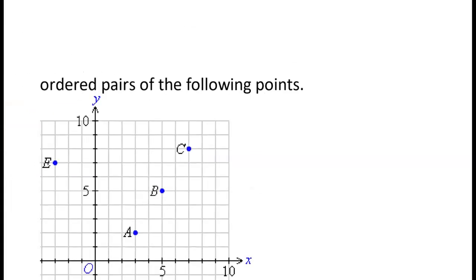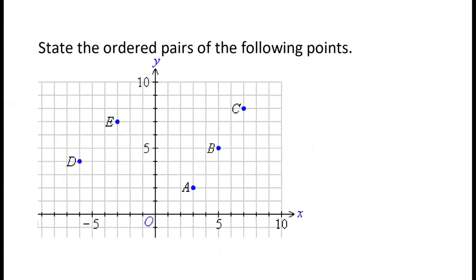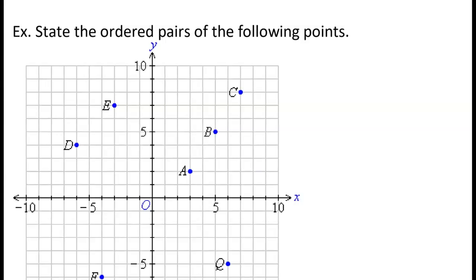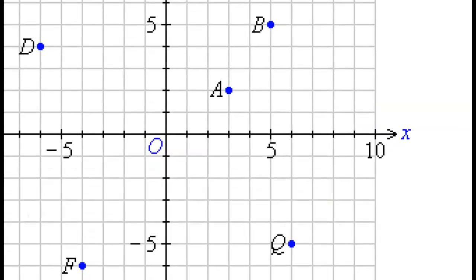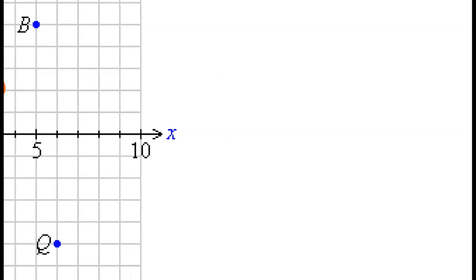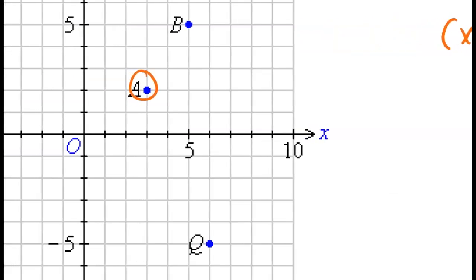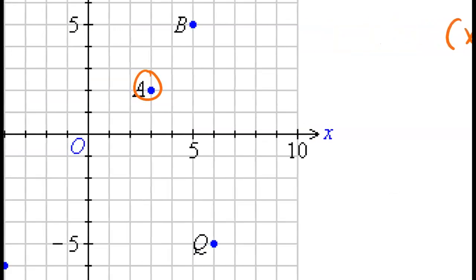So moving over to the next page here, it says state the ordered pairs for the following points. Starting off with point A here. Ordered pairs have an x and then a y, so we first want to look at our x.